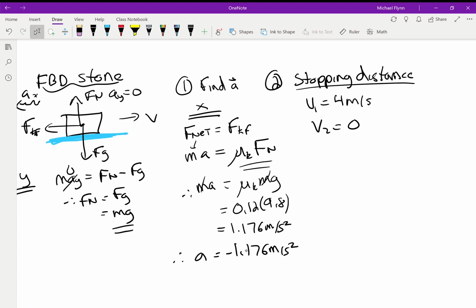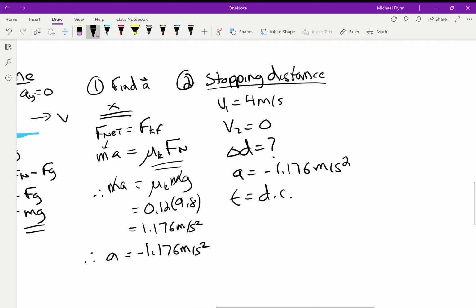V2 equals 0. Delta D is the unknown we're looking for. A is negative 1.176 meters per second squared. Time is don't care.